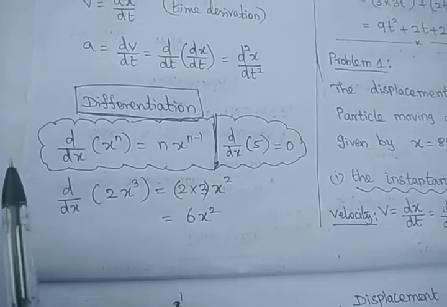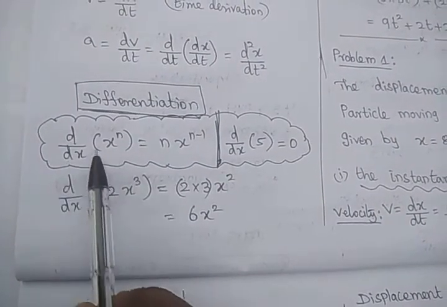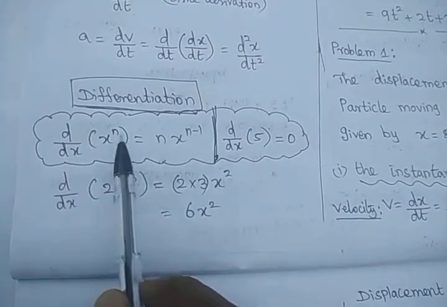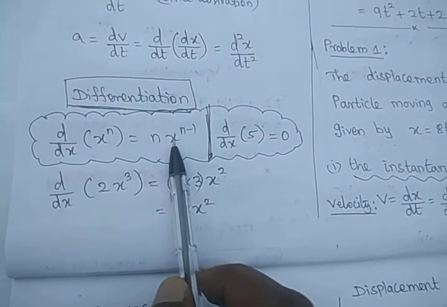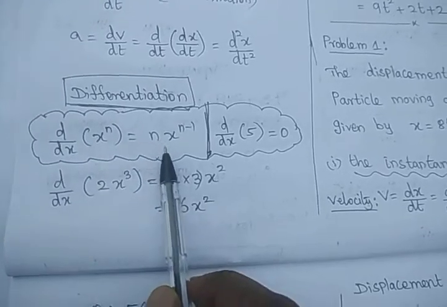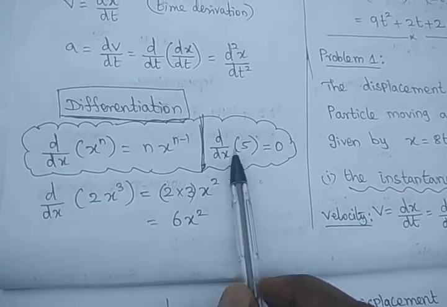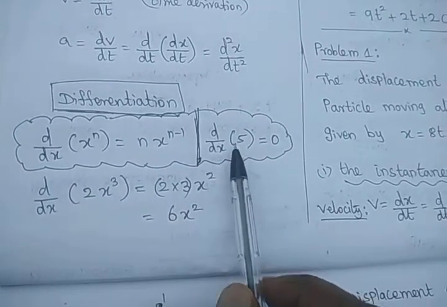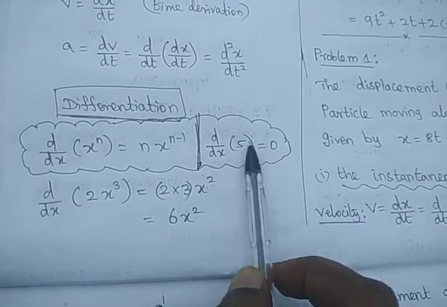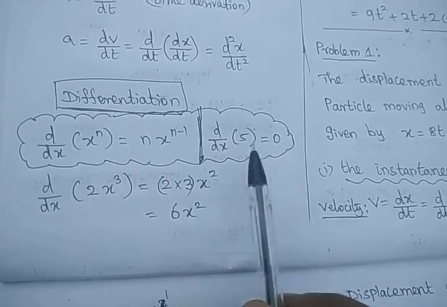For differentiation of d by dx of x power n, the solution is we bring the power in multiplication: n into x power n minus 1. If you differentiate a constant, like pi, with respect to x, there is no x term here, so we put 0. The differentiation of a constant is 0.